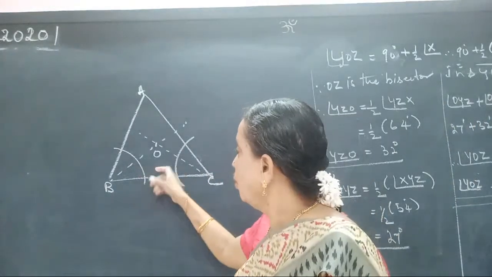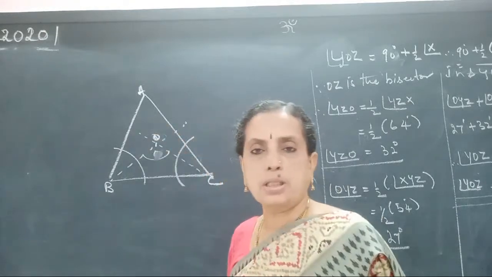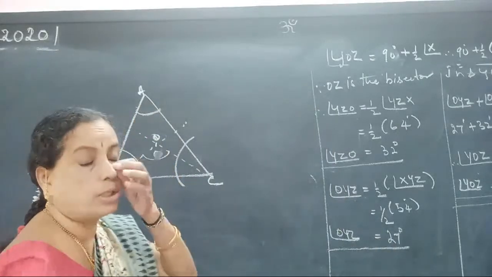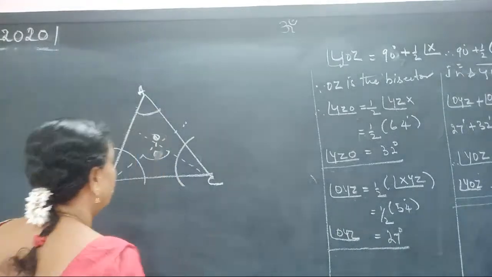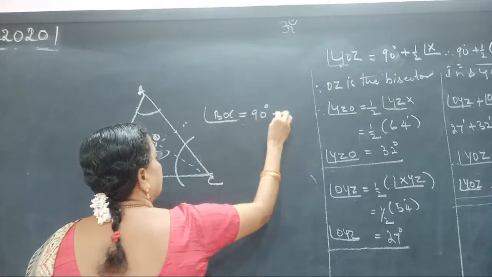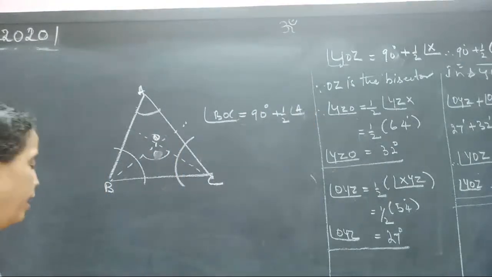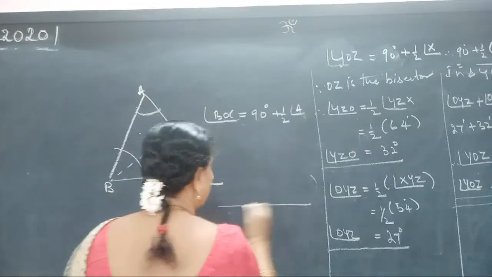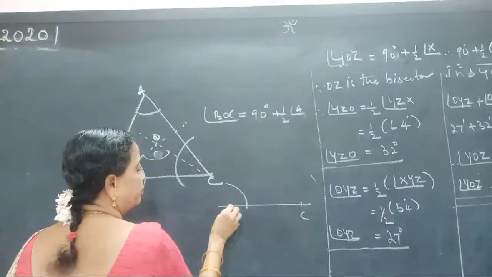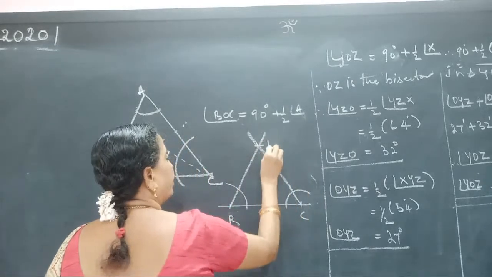After bisecting, you measure this angle BOC using compass, and then measure angle A using protractor. Then angle BOC should be equal to 90 degree plus half of angle A. For example, if I construct a triangle with base 6 centimeter, at each end I will construct 60 degree, so that the vertex is also 60 degree.